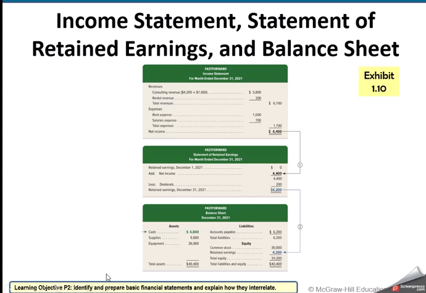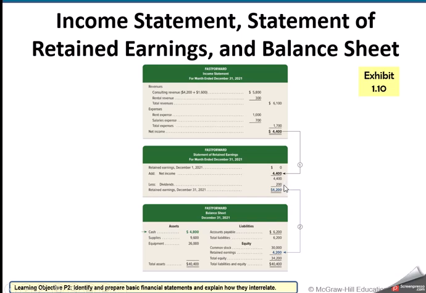So this shows you what I was trying to explain, that these roll, or they go from one statement to another. So you have to start with your net income. Revenues less expenses equals net income. That net income is going to be an addition down here into our statement of retained earnings.